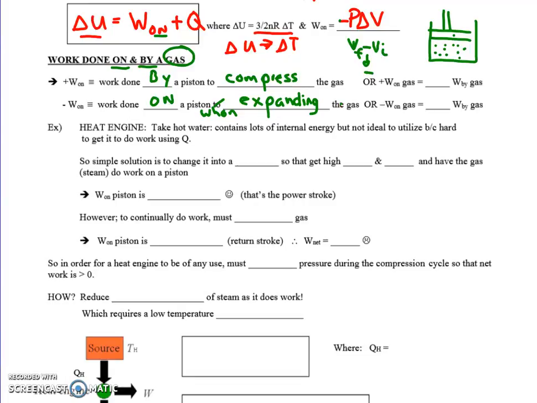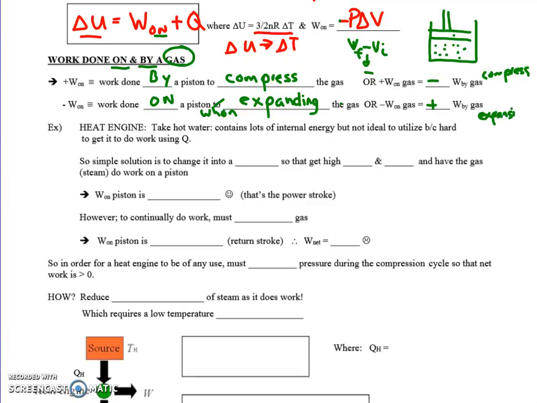Another way of looking at this is positive work done on a gas is the same as negative work done by the gas. And negative work done on a gas is more easily understood as positive work done by a gas. This is generally a compression, and this is usually an expansion.